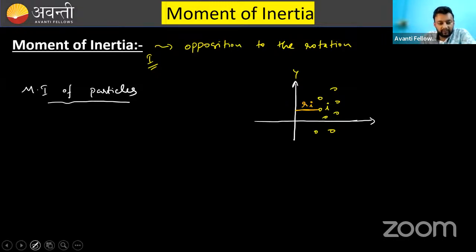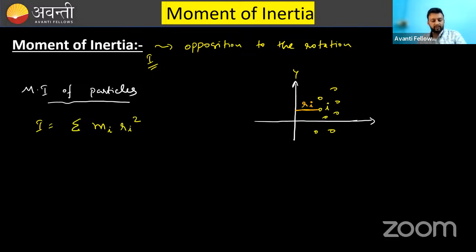Moment of inertia is defined as I equals summation, or sigma, of m_i r_i squared. For some students it may look like a mathematical term, so for simplicity I am writing I equals m1 r1 squared plus m2 r2 squared, up to the nth particle. Now, listen to me again.